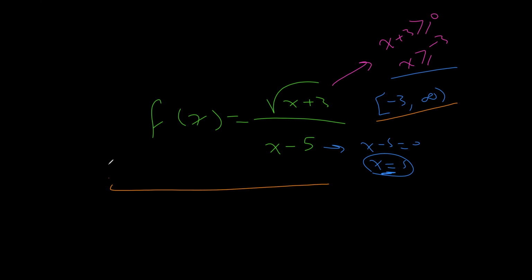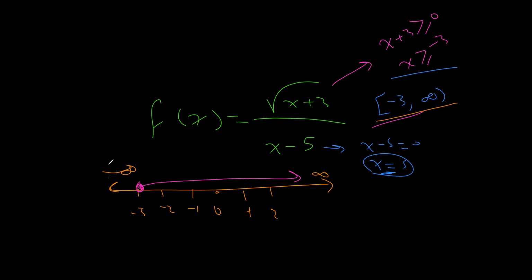If you make the number line, this is 0, and here negative 1, negative 2, negative 3, and here is 1, and here is 2, and here is positive infinity, and here is negative infinity. Good. So you see this domain goes from negative 3, where it is closed, to positive infinity.